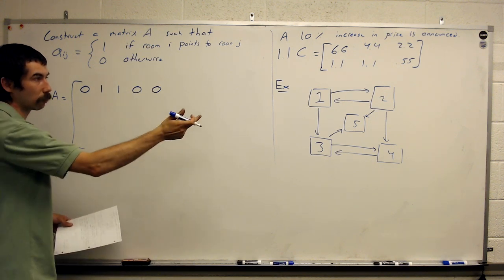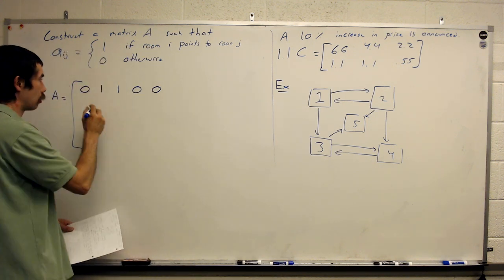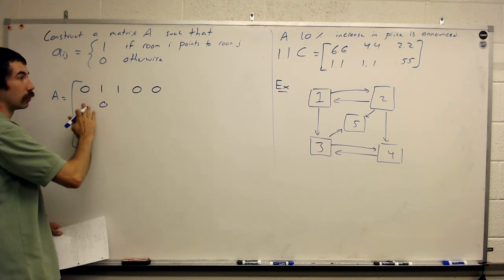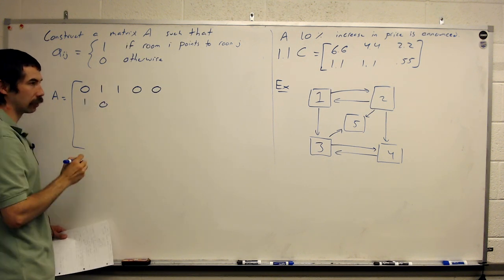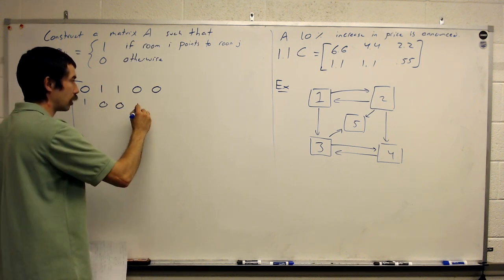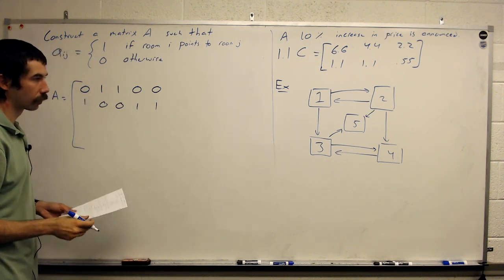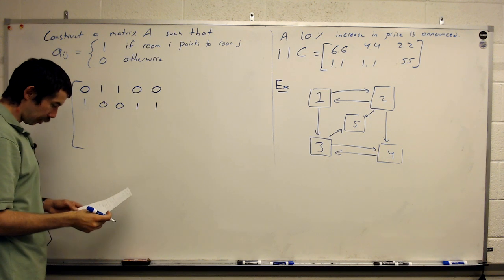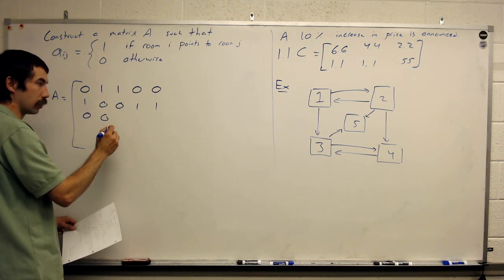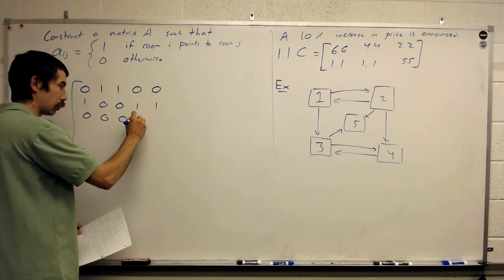All right, what would our second row be? Sorry, let's try it again. 2 does point to 1, so 1, 0. 2 doesn't point to 3. It does point to 4. It does point to 5. What about 3? 3 does not point to 1, does not point to 2, does not point to 3. It does point to 4.